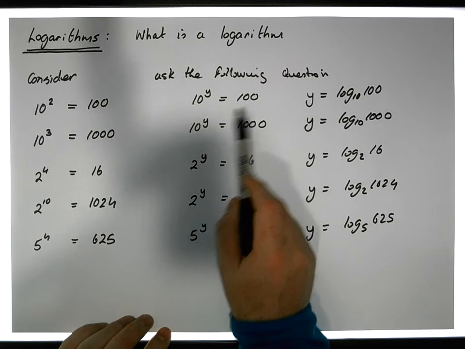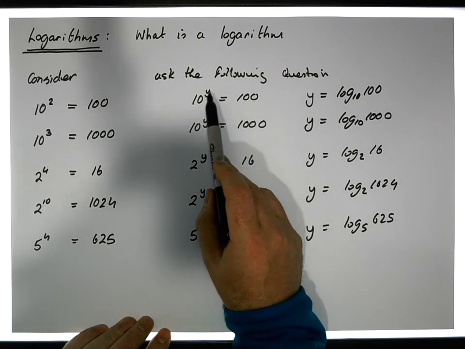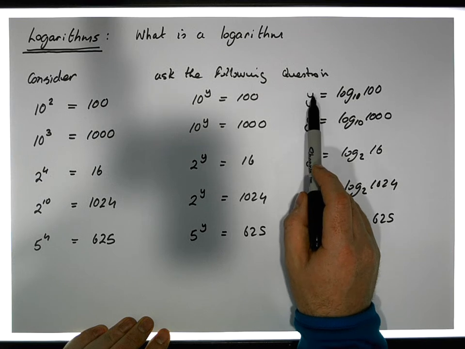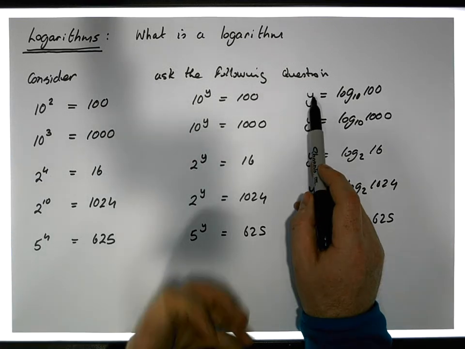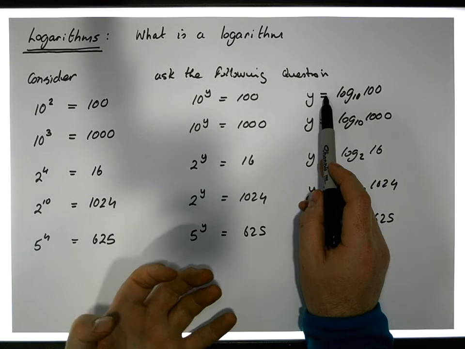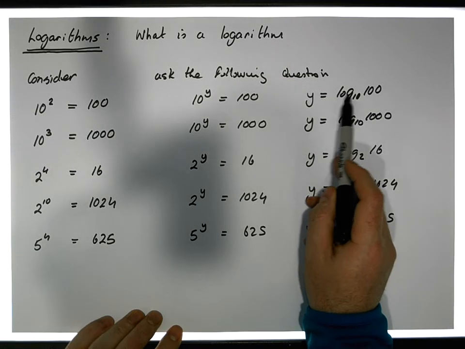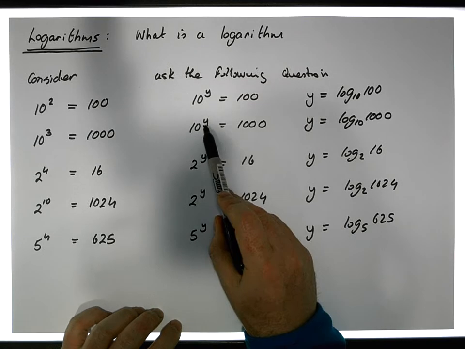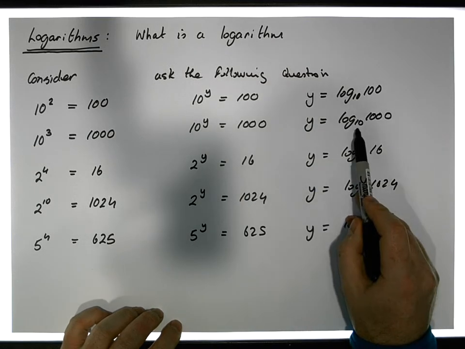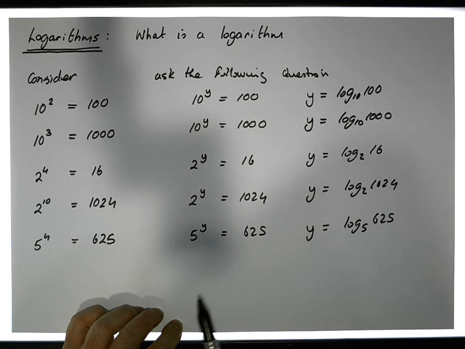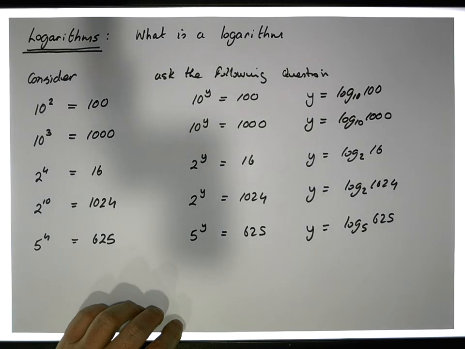And this exponent y, we give it another name: we call it the log of 100 to the base 10. In this case, y is the log of 1000 to the base 10. It's the power that we raise 10 to in order to achieve 1000, and so on and so forth.